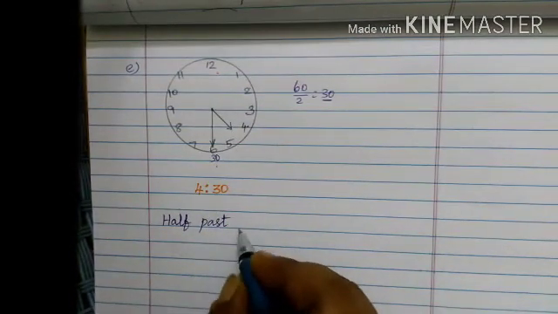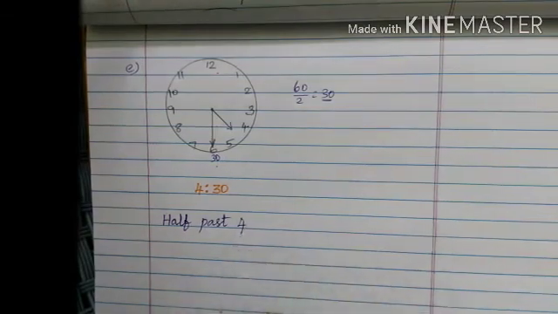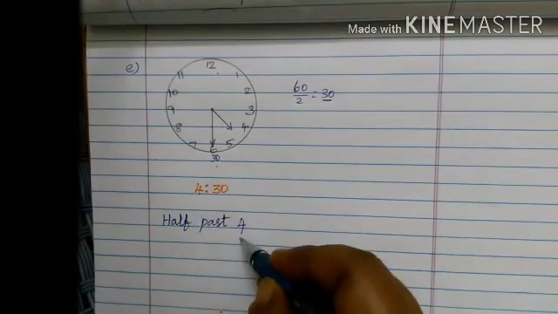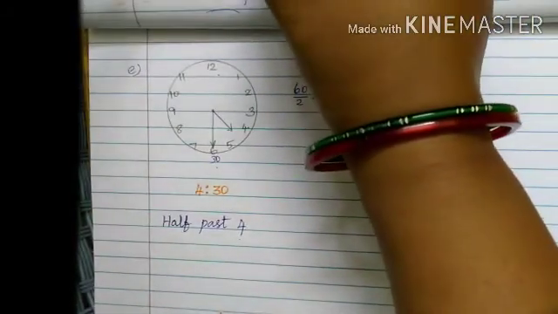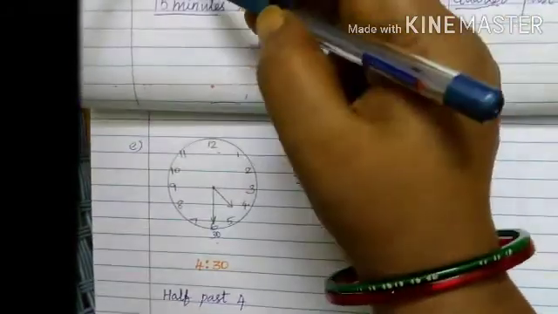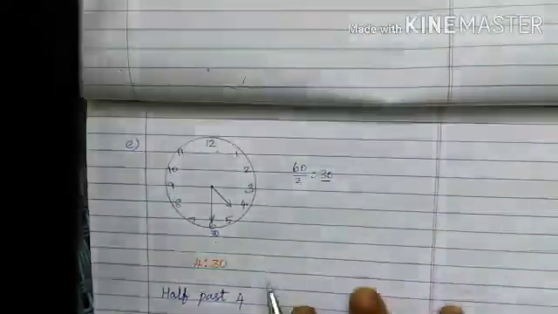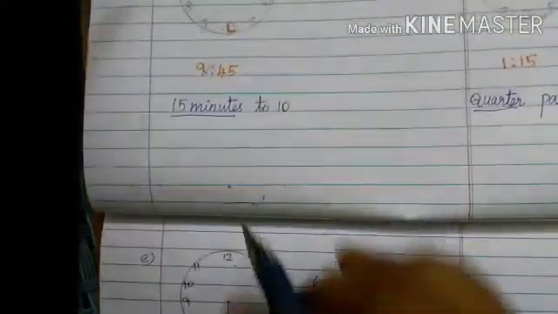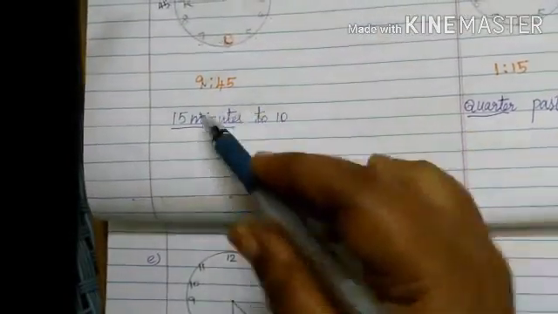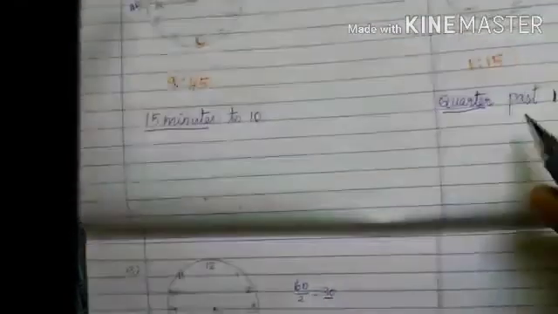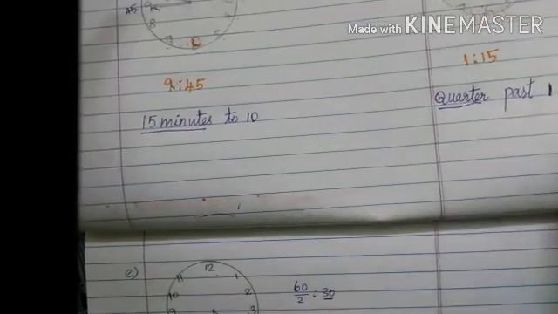So write the time now, 4 o'clock. Past means you write the same hour that is given here. To means write the next number of hours. So here 9 o'clock; write for 'to', so after 9 comes number 10. Here past is written with the same number.